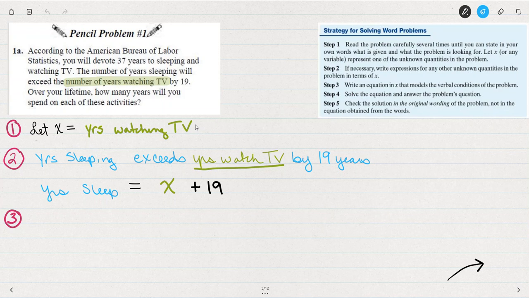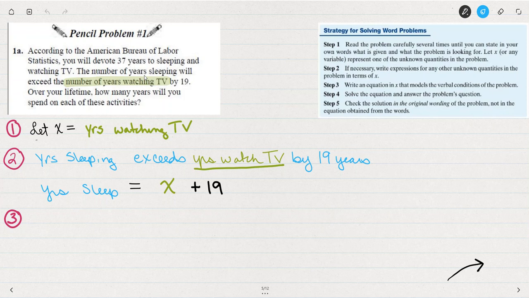You could have chosen x to be the years sleeping, but I chose x to represent years watching TV because we can read in the problem that the number of years sleeping is being defined using the number of years watching TV.